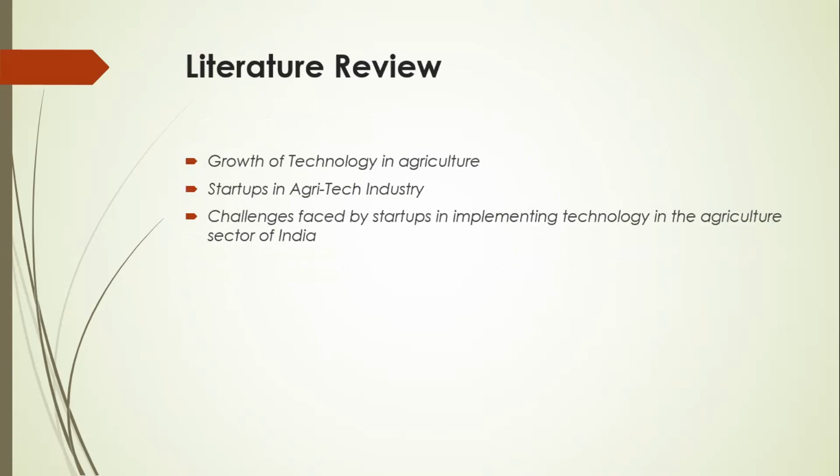Literature review, basically we have done literature. I have purposely not put the various literatures that I have studied here; I have given the references but not the literature review.